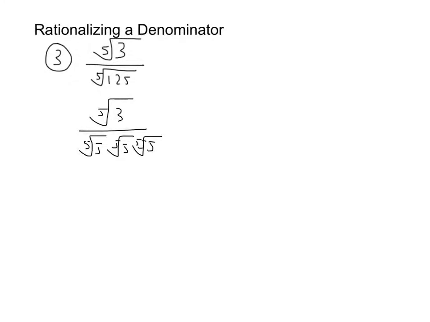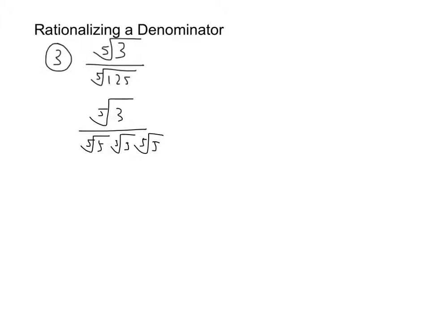Sorry, you can't see that too well. Let me try to rewrite that. Okay, so again, 125 we know is 5 times 5 times 5. So I can rewrite this bottom as the 5th root of 5 times the 5th root of 5 times the 5th root of 5.